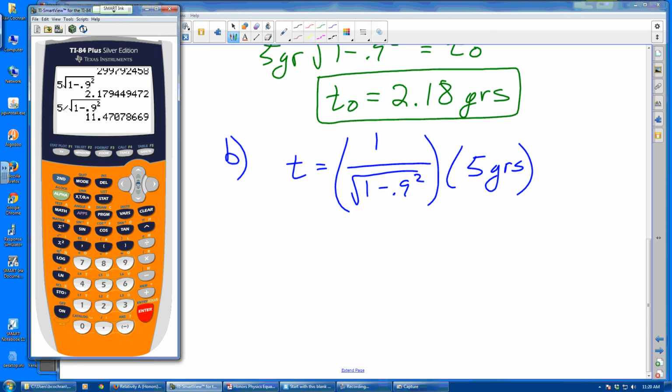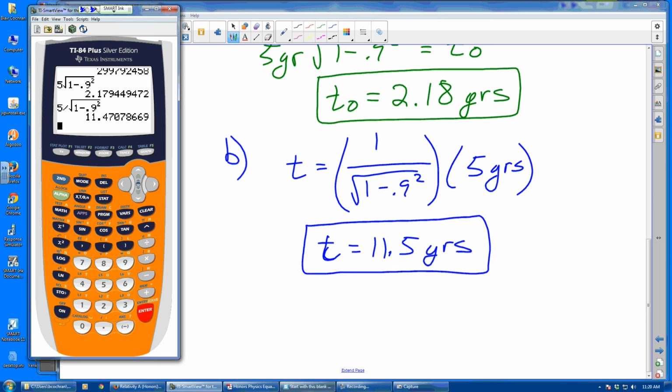And time on Earth, if it's 5 years on the ship, is 11.5 years. Alrighty.